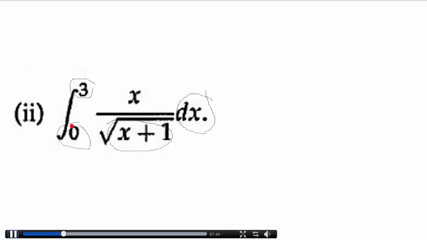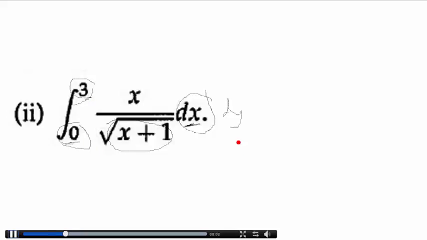The upper and lower limits are for x. You cannot have this as dy, and your limits of integration would be in terms of x. Whatever variable it is with respect to has to be in correlation with the upper limit and lower limit.